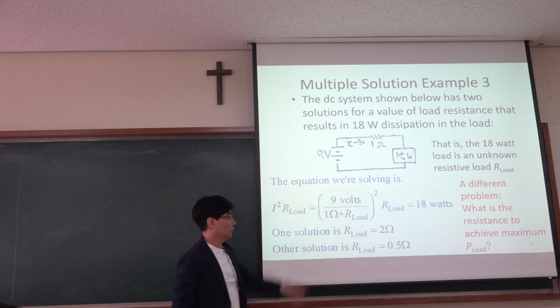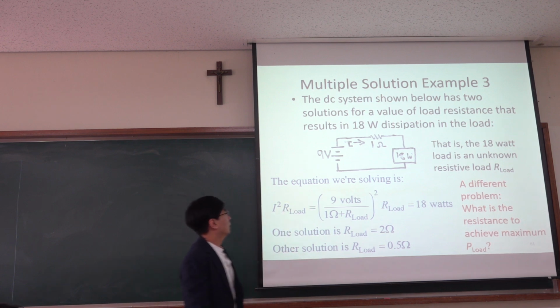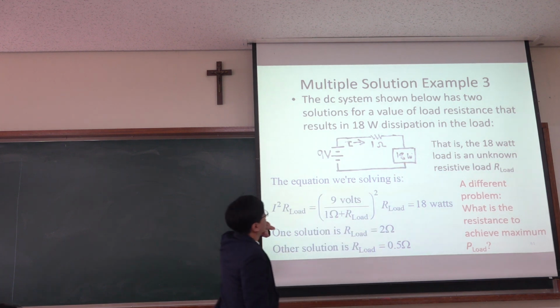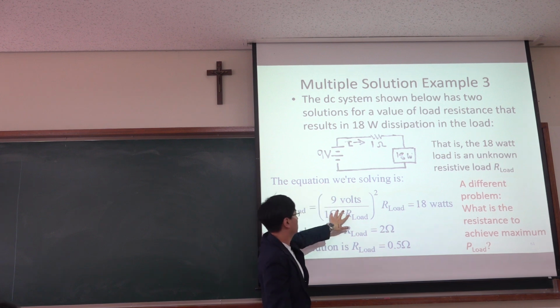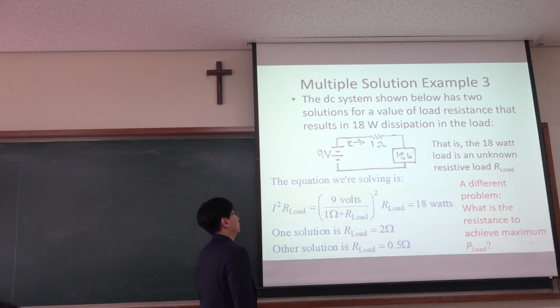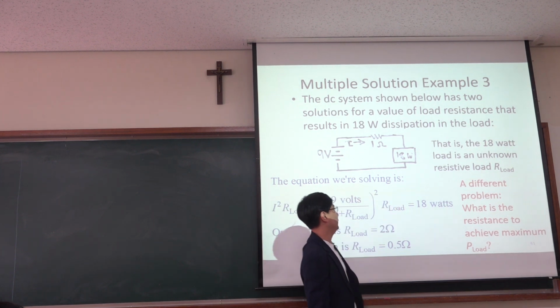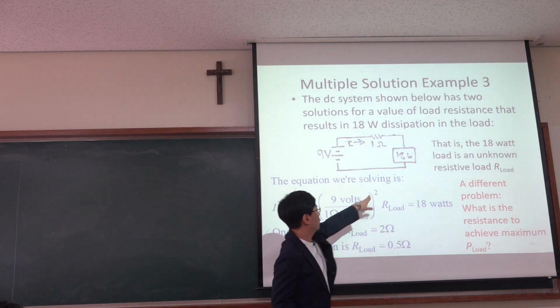So the power consumption at the load side is I² times R. And when the load resistance is R, then the current is V over total resistance, so 9 over (1 + R). So this squared times R is 18. So you see we have R².